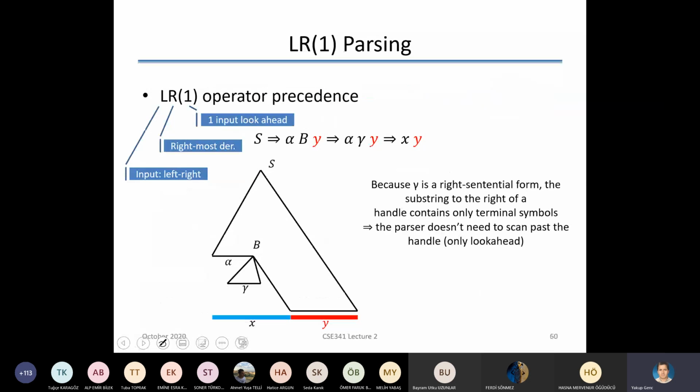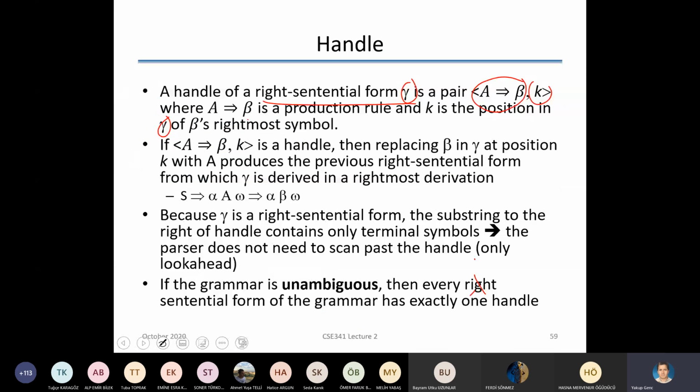So when you look at your current right sentential form lambda, some part of it is beta. This beta is a part of it at some location K.